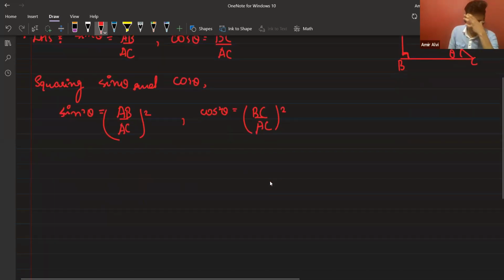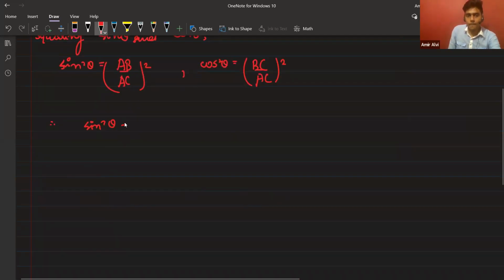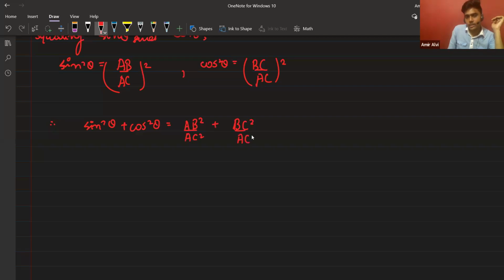Very good. Now add them up, because the question is asking to add them up. LHS is AB square upon AC square plus BC square upon AC square. Can we take the LCM AC square? We can directly add them because the denominator is the same for both.